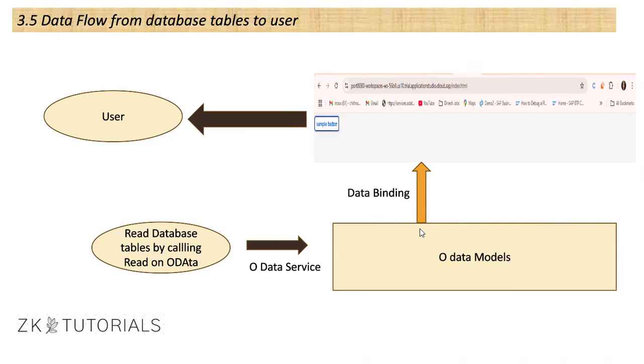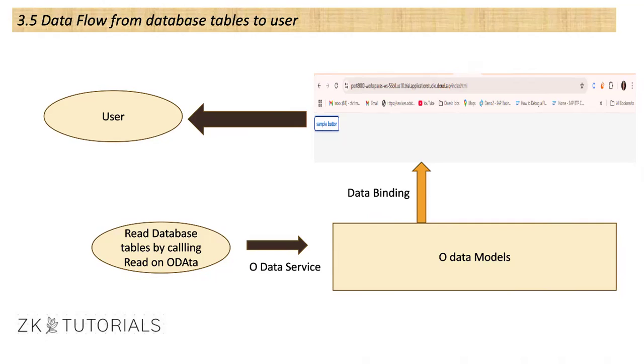This OData model will be bound into our application by several means. We will see many types of binding in the future, and how OData binding is also used. Finally, when the data is displayed in the application, the user will be able to see that exact data. This is how the data flows from the database to the user.